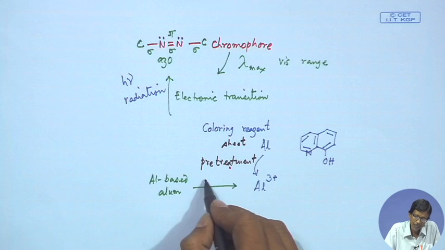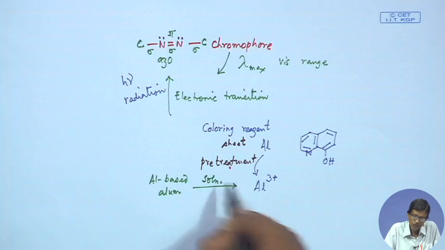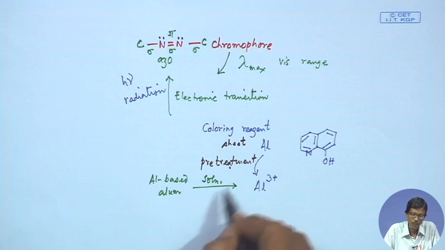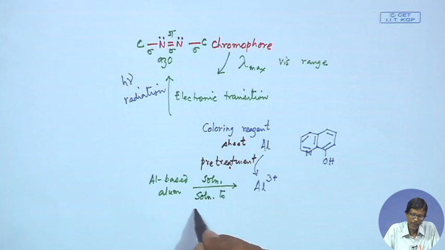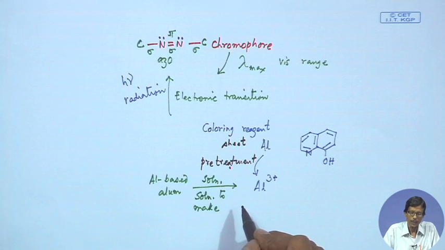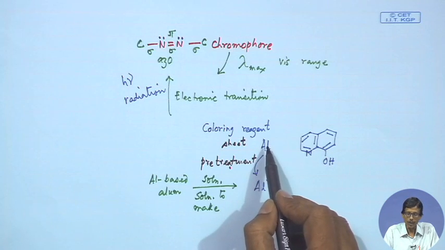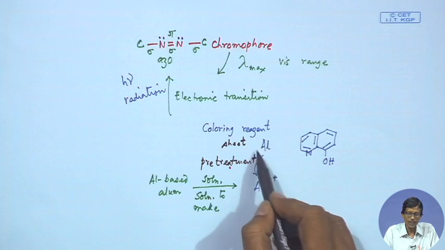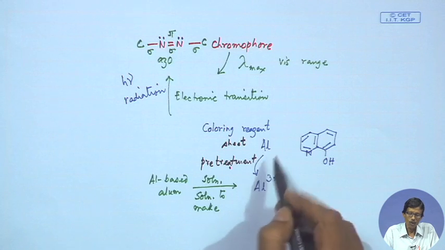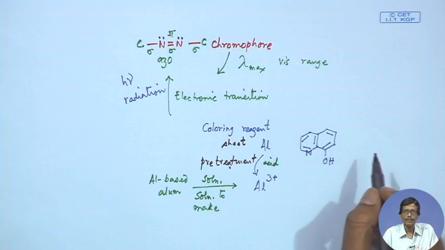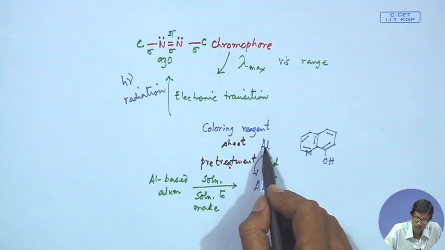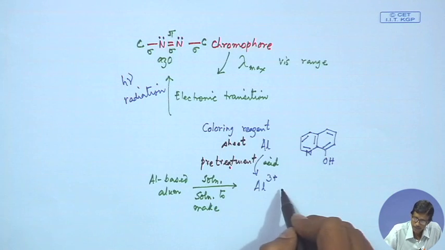So, directly you can get aluminum in the solution by dissolution only, by addition of water, but in this particular case to go for this aluminum sheet or wire, you have to go for some treatment with acid. So, acid digestion treatment will be there such that aluminum will be oxidized to aluminum 3 plus.